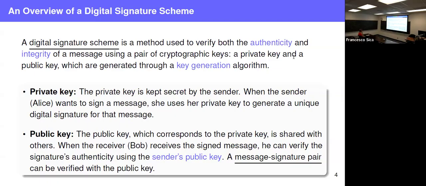This system verifies both who sent the message and that it hasn't been changed during sending.